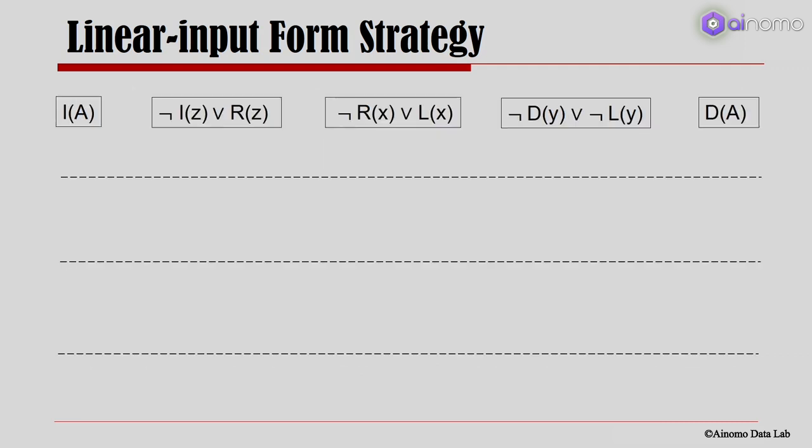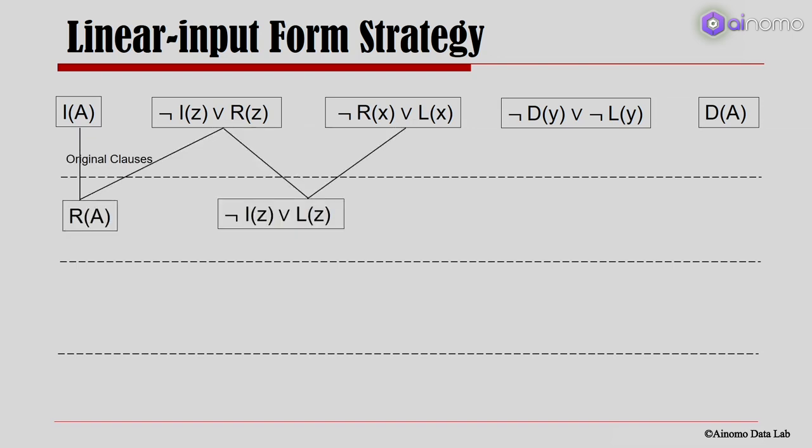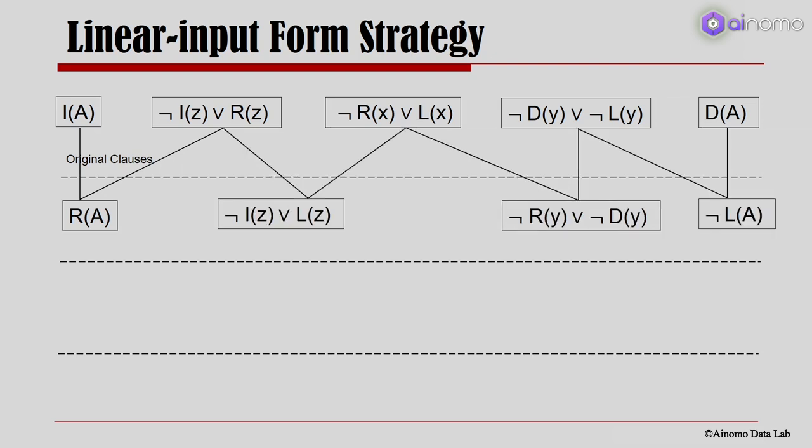So, here are my clauses from the illustrative example, and let us try a linear input form strategy here. Recall that the first level resolvents, because everything is in the base clause set, I will generate as good as the breadth first strategy. But thereafter, I would generate fewer clauses because I would have to have parents which are in the base set.